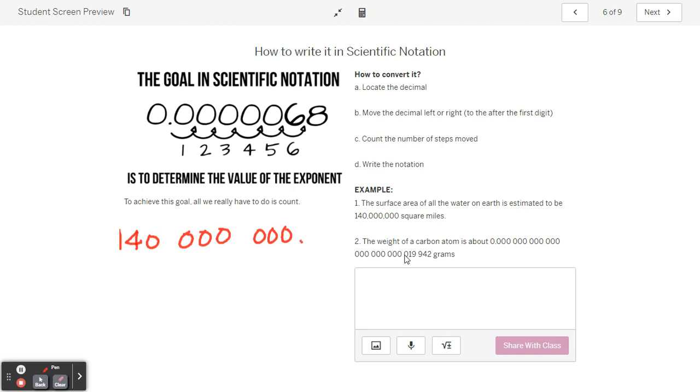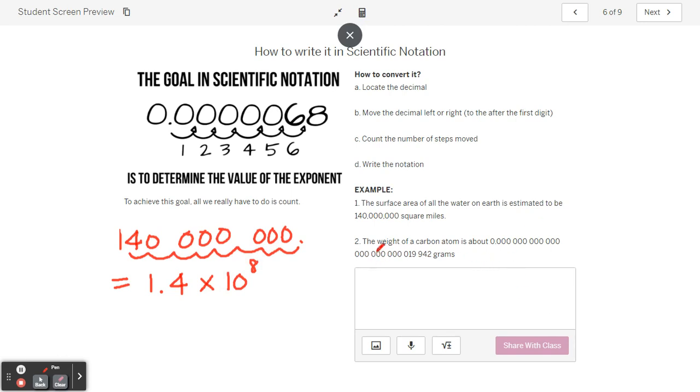I'm going to move it to here so that we have only one digit at the beginning. 1, 2, 3, 4, 5, 6, 7, 8. I've moved it 8 spots to the left. Now this is equivalent of saying 1.4 times 10 to the power of 8.